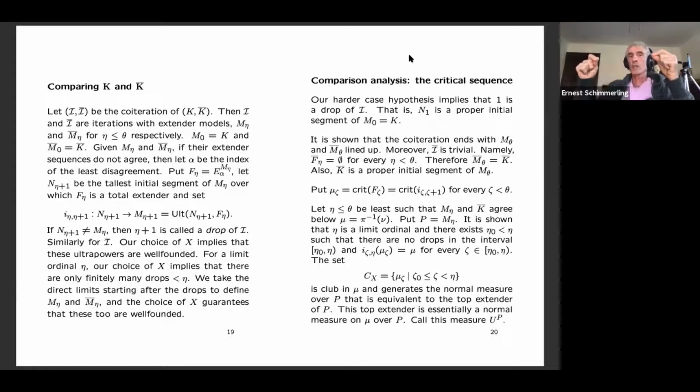So M eta has its extender sequence, M eta bar has its extender sequence. And you go up those extender sequences to the point where either you have an extender on each side, but they're not the same, or you have nothing on one side and something on the other side. And then you apply whatever you have.